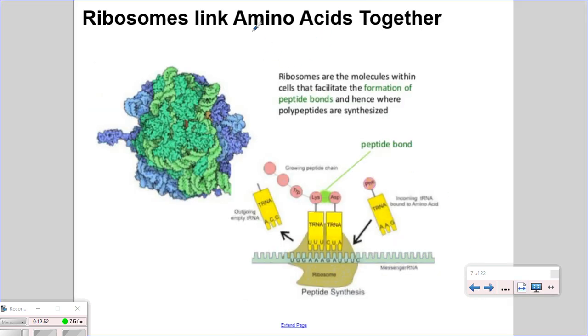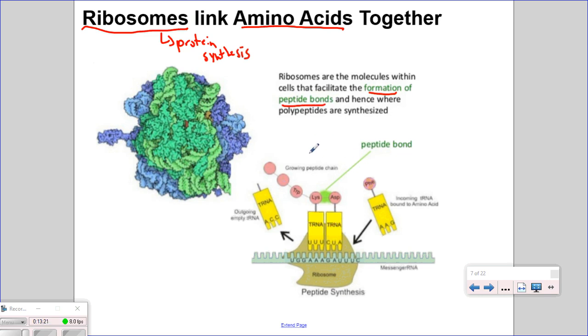So now, with those proteins that get created, remember it's ribosomes. The main job of a ribosome is involved in protein synthesis. So how does that ribosome synthesize those proteins? Well, a ribosome will link those amino acids together. So ribosomes are the molecules within cells that facilitate the formation of a peptide bond.